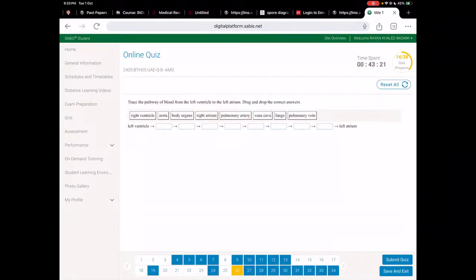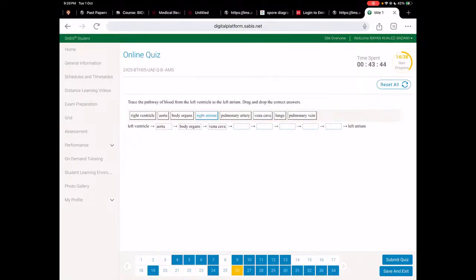So we go from the left ventricle into the aorta. From the aorta, we go to the body organs. Then the body organs use up the oxygen because of cellular respiration, and they send back the deoxygenated blood through the vena cava to the heart.